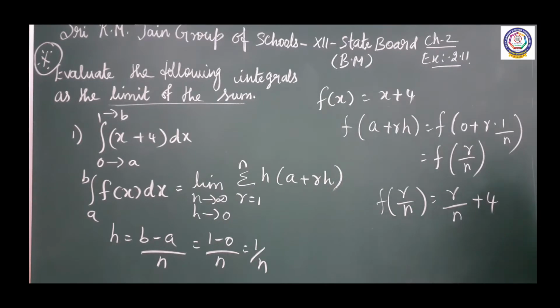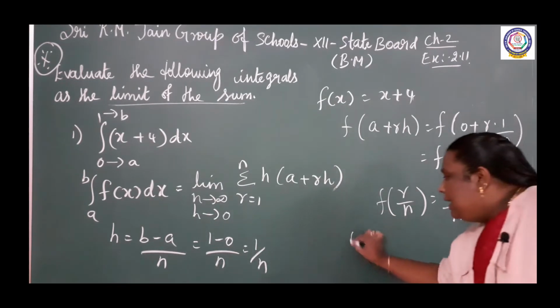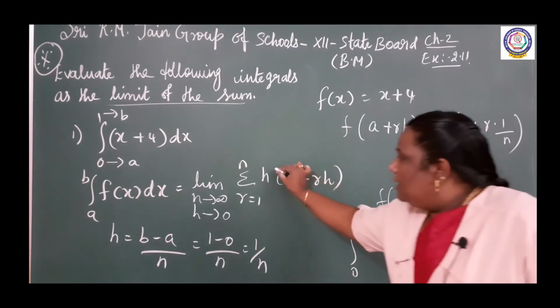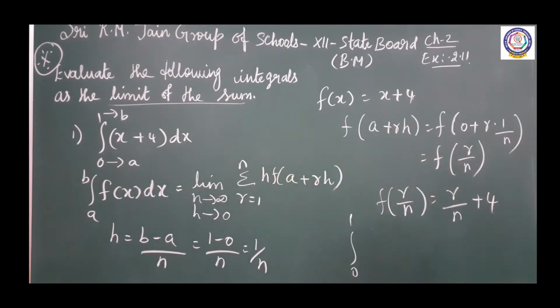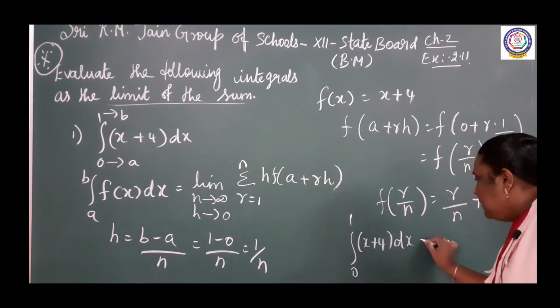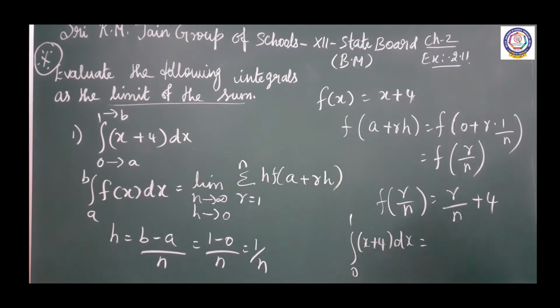So now you can move on to the formula. Integral 0 to 1 of x plus 4 into dx equals limit n tends to infinity, sigma r equal to 1 to n.